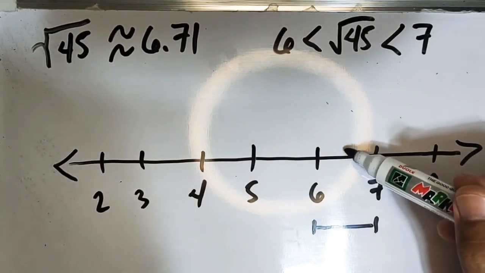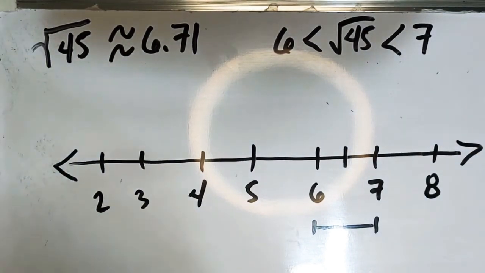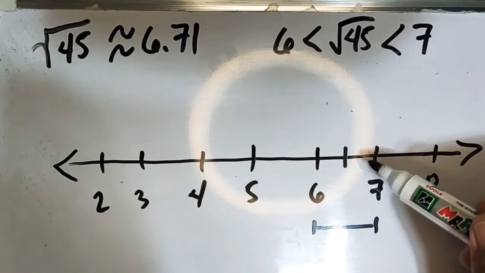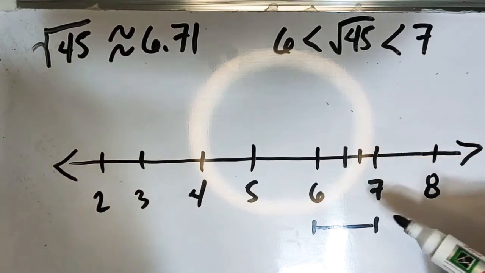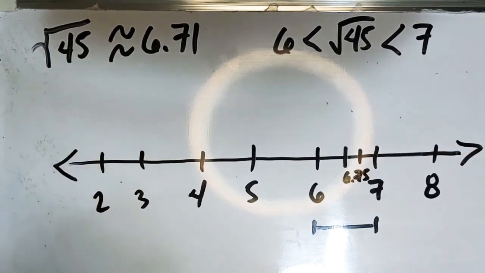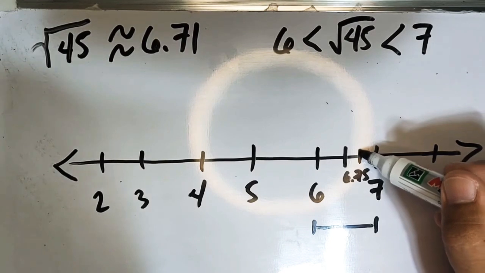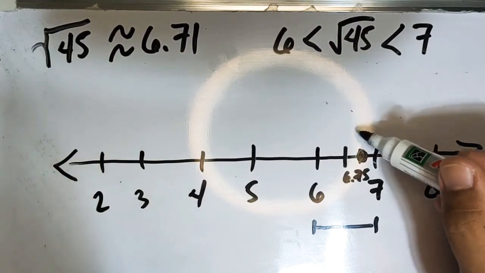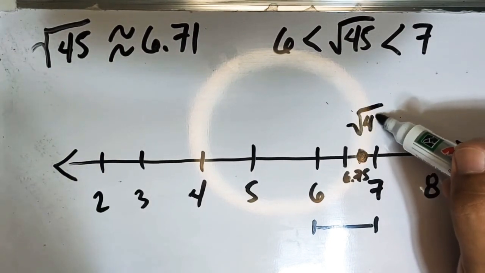At ang gitna niyan ay ito, 6.5. At ang kalahati ulit dito, ito naman ay 6.75. Diba? Yung 3/4. Okay? So, ngayon, 6.71, i-move lang natin ng konting-konti. So, nandito yung square root ng 45.